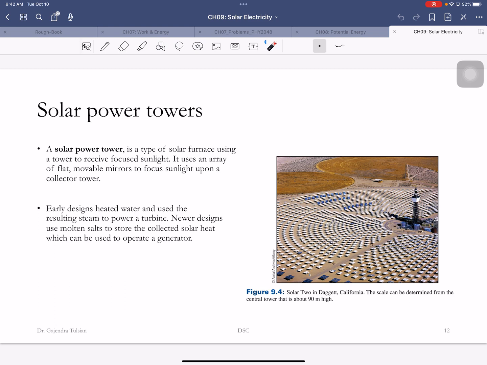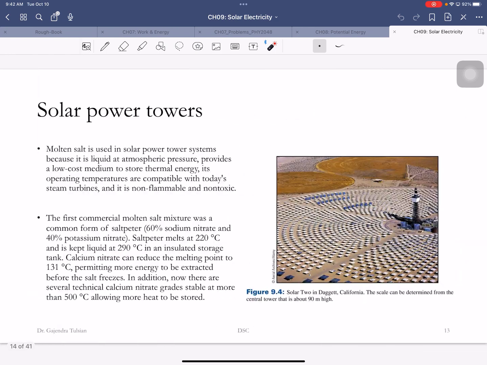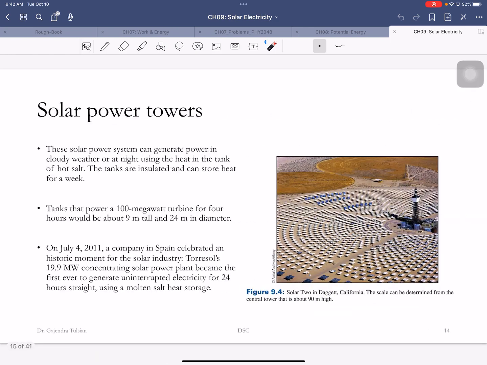Now, if the world were completely renewable, how much batteries do you need? 1,000 gigawatts. Very good.